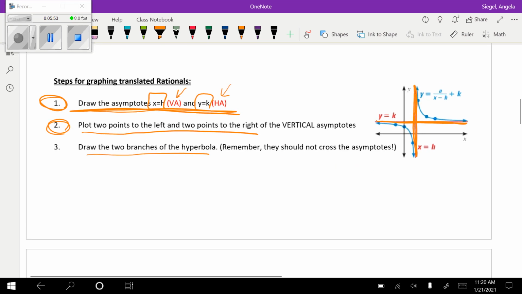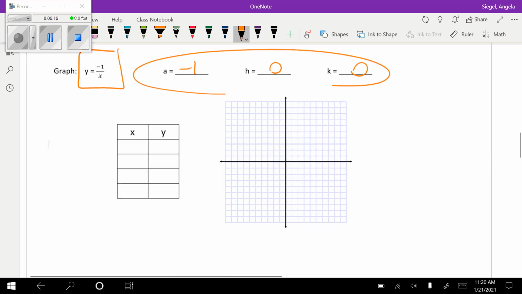So now I want to draw your attention to the 3 steps. The first step is to draw the asymptote, and it tells you that x equals our h value. So x is going to equal 0. That's a line, and then y is going to equal 0. That's also a line, and that's going to be our horizontal asymptote. So let's go ahead and do those 2 things. x equals 0 is going to be right here, and y equals 0 is going to be right here.